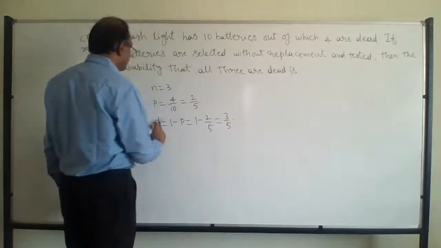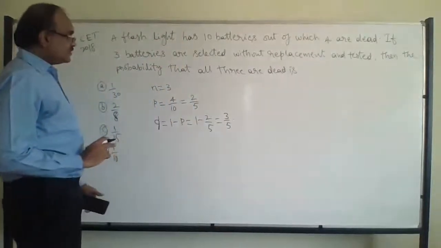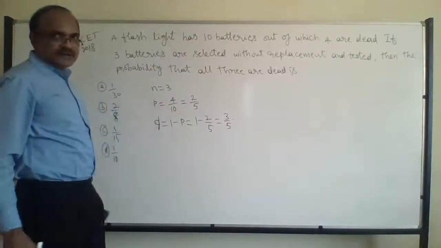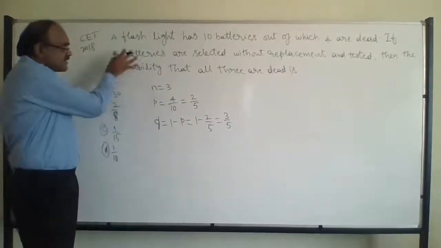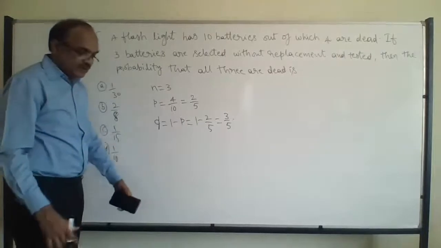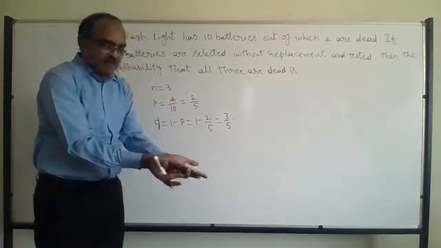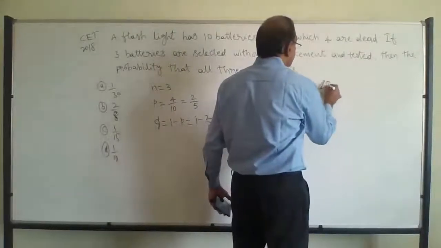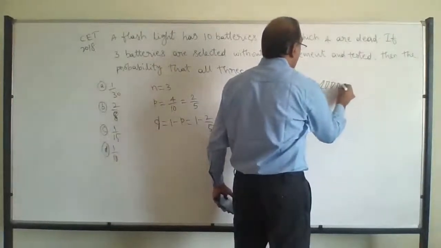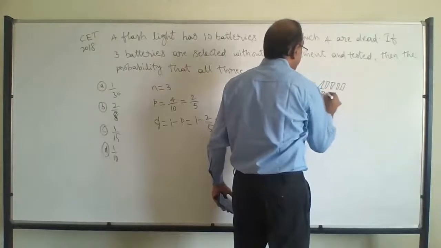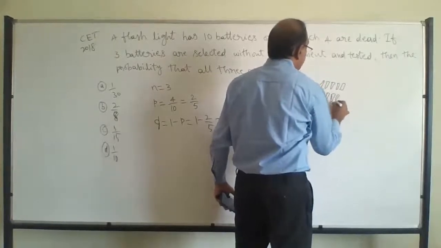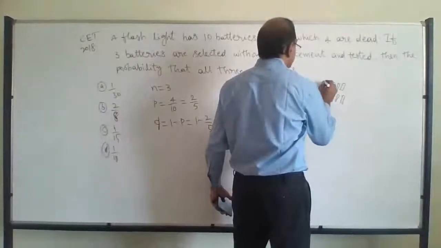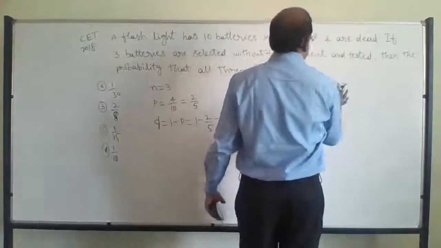This is P and Q. Now, this 10 and 4 are used to calculate P. Don't get confused with N. N is basically trials. Now, think of these 10 batteries as a heap. Out of these 10 batteries, 4 are dead.